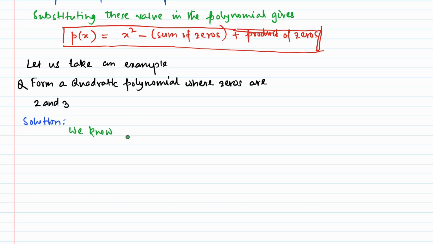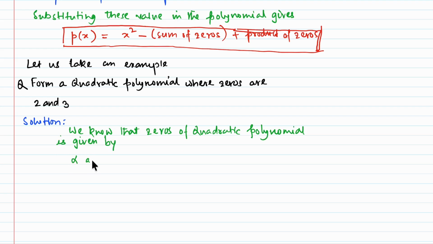We know that the zeros of a quadratic polynomial are given by alpha and beta.